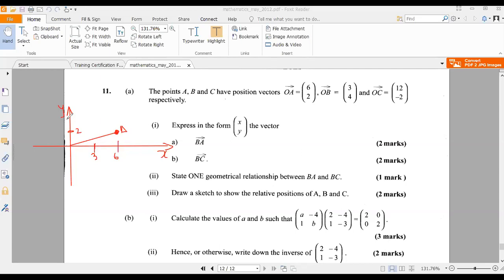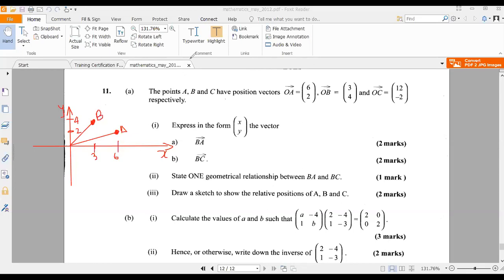So we are talking of 3 and 4 will be somewhere like this. Then we'll just draw the line from this point right up to this point. And we name this one B. Remember, it's just a sketch. It's not the exact thing we are doing. Is that okay?